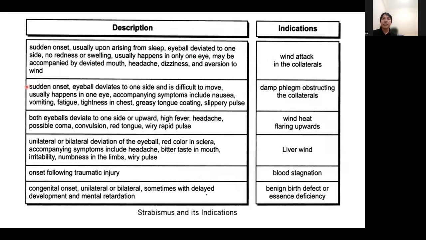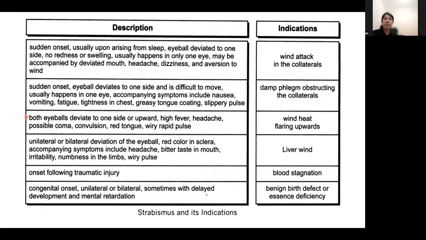Next, if the description is sudden onset, eyeball deviates to one side and is difficult to move, usually in one eye, with accompanying symptoms including nausea, vomiting, fatigue, tightness in the chest, greasy coating, and slippery pulse, it is an indication of damp phlegm obstructing the collaterals.